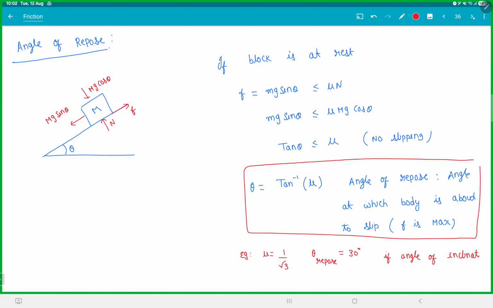If angle of inclination theta is greater than 30 degrees, block slides. That's what it simply means. Clear with that?